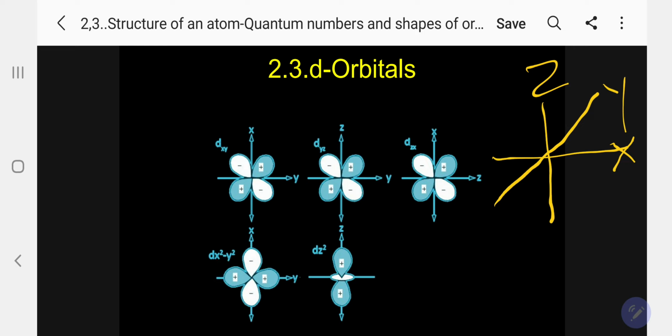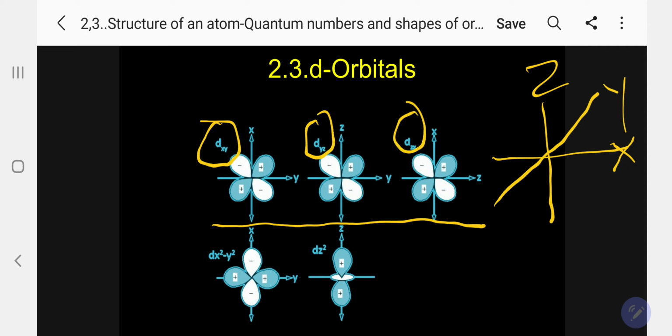Kindly follow these 3 orbitals: dxy, dyz, dzx. They lie between the axes.